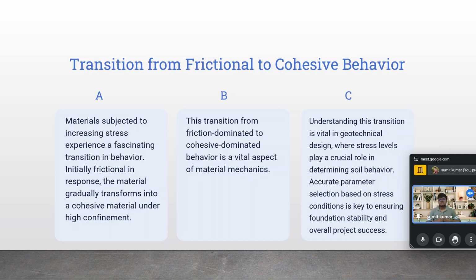This transition from frictional dominated to cohesive dominated behavior is a vital aspect of material mechanics. Understanding this transformation is vital in geotechnical design, where the stress level plays a crucial role in determining soil behavior. Accurate parameter selection based on the stress conditions is key to ensuring foundation stability and overall project success.